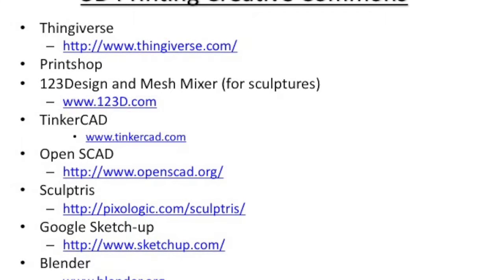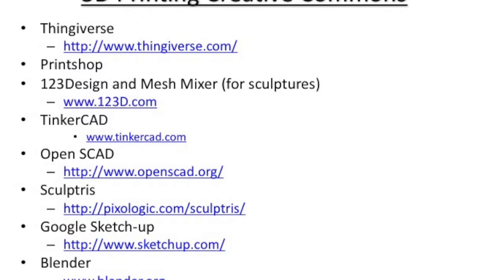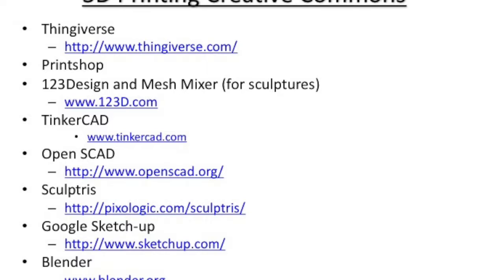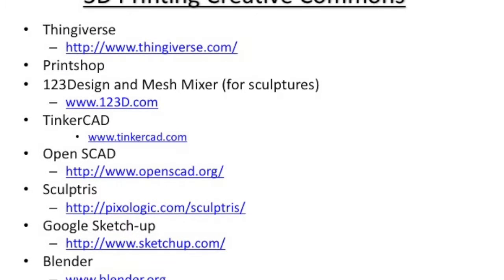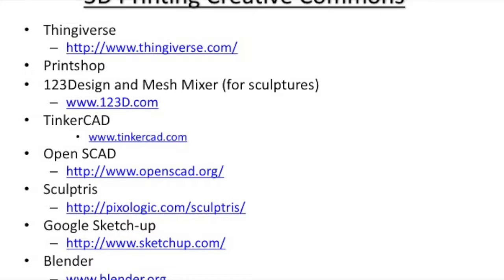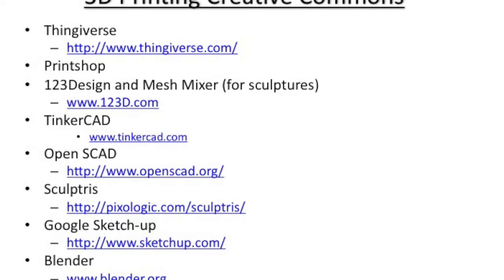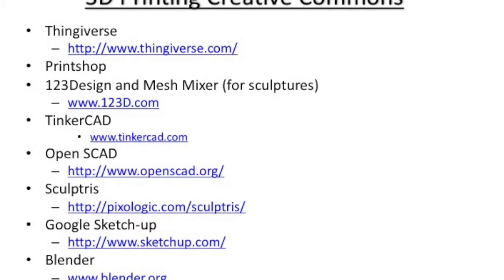OpenSCAD, where CAD stands for computer-aided design, is also used to help you create 3D design. Sculptris focuses more on the artistic graphic designer, and Google SketchUp is very technical, with a high learning curve, not recommended unless it's for architectural work.